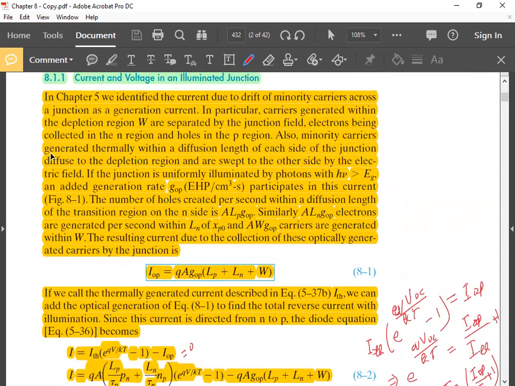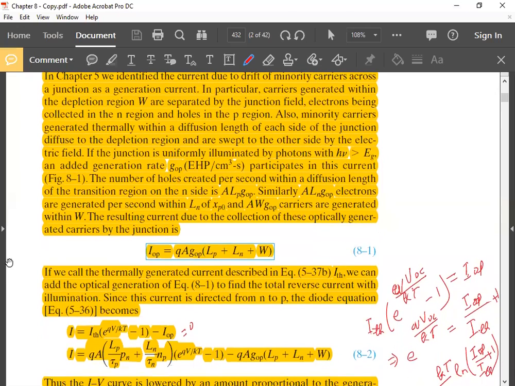Also, minority carriers generated thermally within a diffusion length of each side of the depletion layer edge diffuse to the depletion region and are swept to the other side by the electric field. As I mentioned, in the P side within one diffusion length, the electrons which are generated may go to the N side by the field.